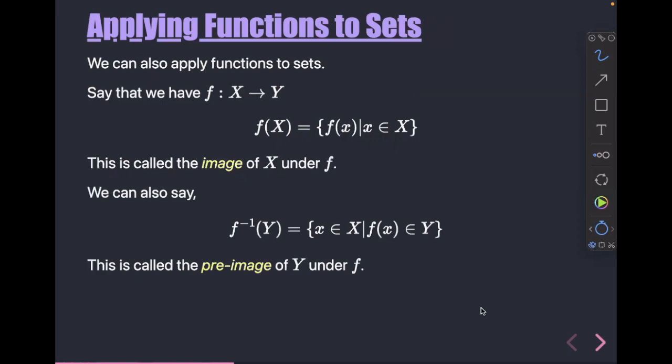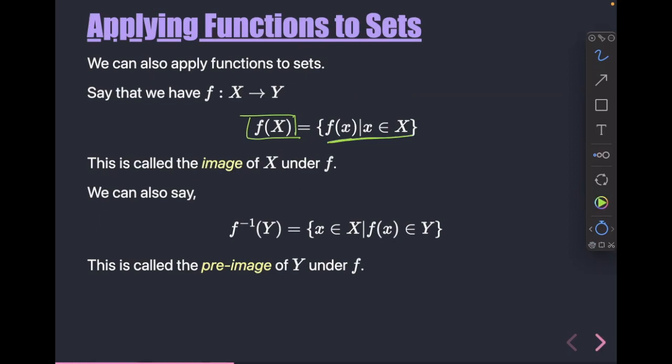You also can apply functions to sets. Some notation you might see is f of big X. All that's saying is you're applying f to every element in X, every element in your set.